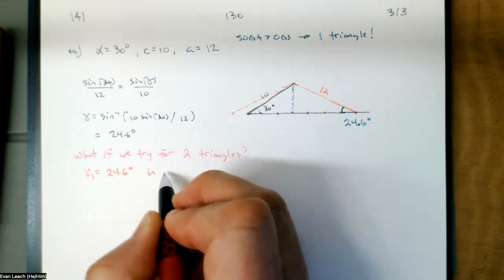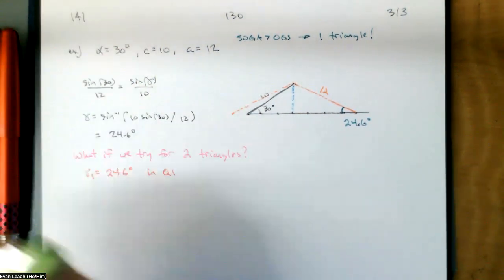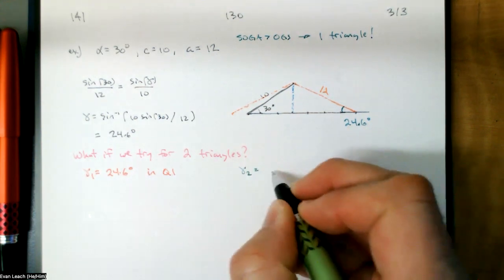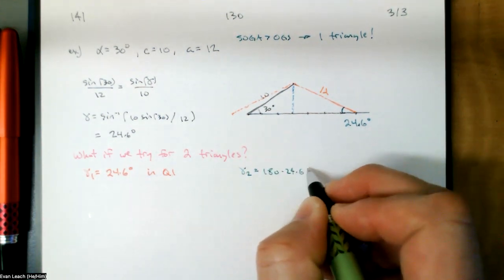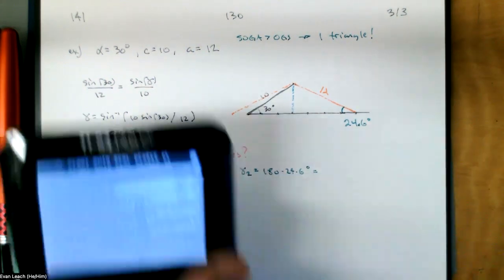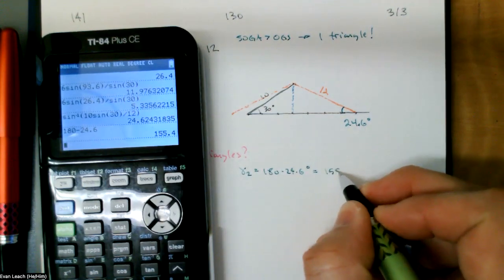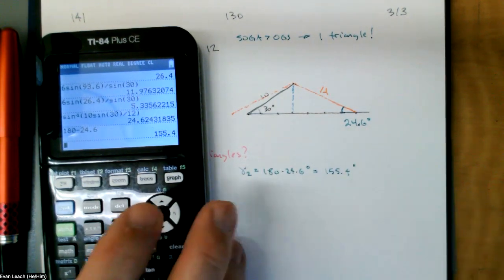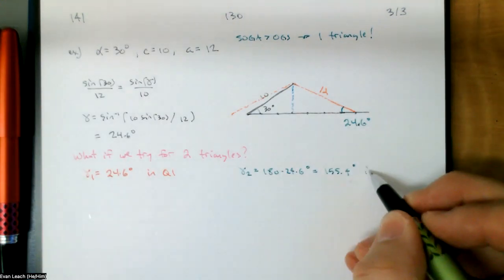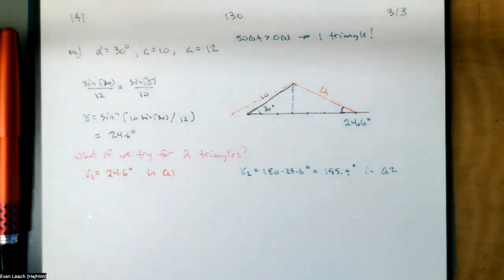That's our quadrant 1 angle. And then we try for another angle. Gamma 2 is 180 minus 24.6. If we try this, we have two angles now, 30 degrees and 24.6, and 30 degrees and 155.4. The numbers will tell us that there aren't two triangles.